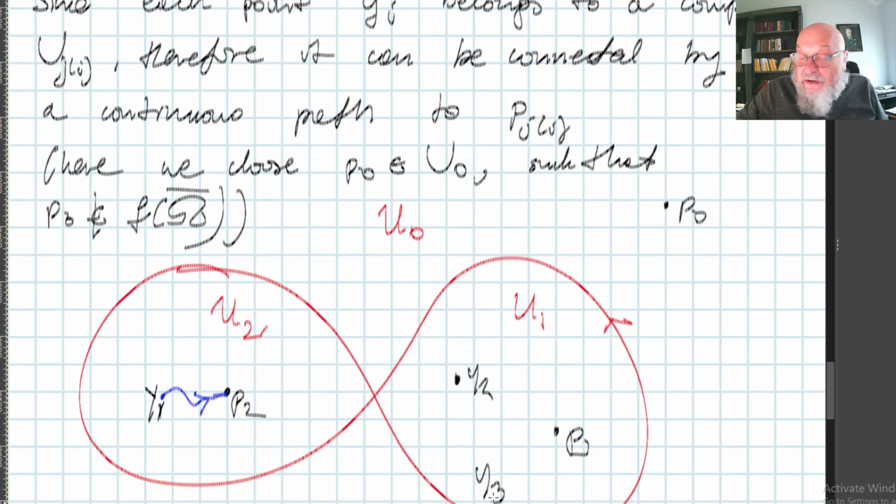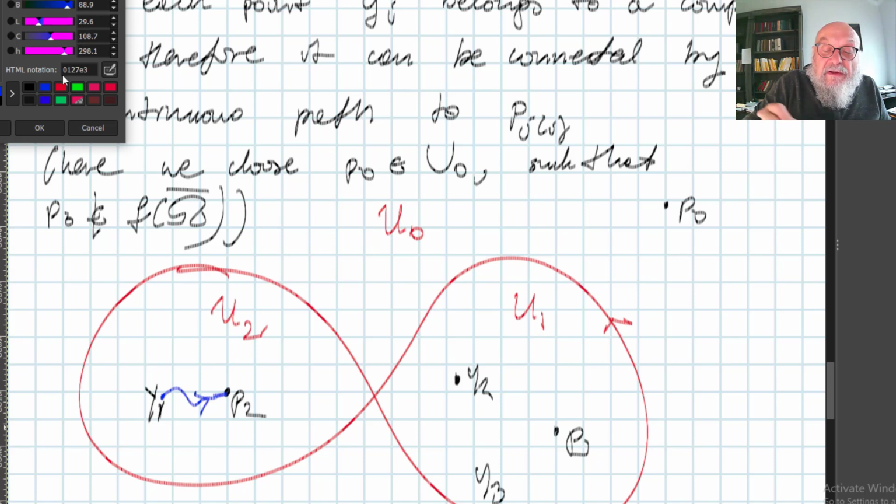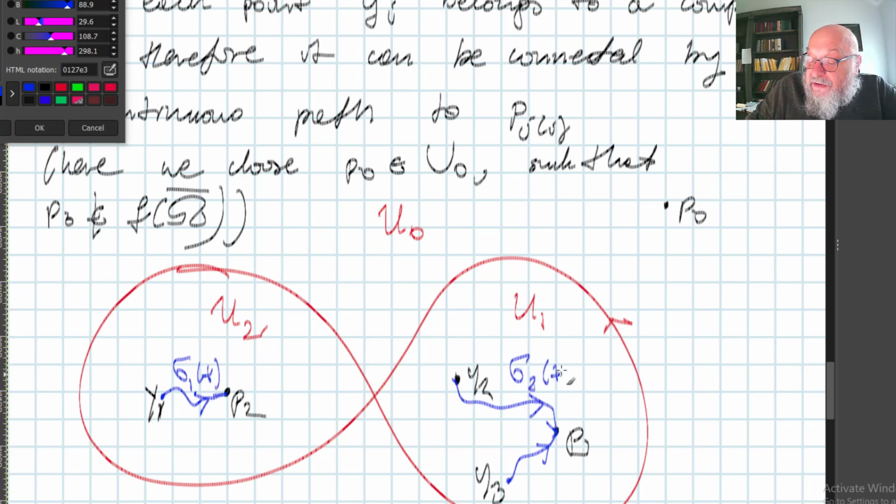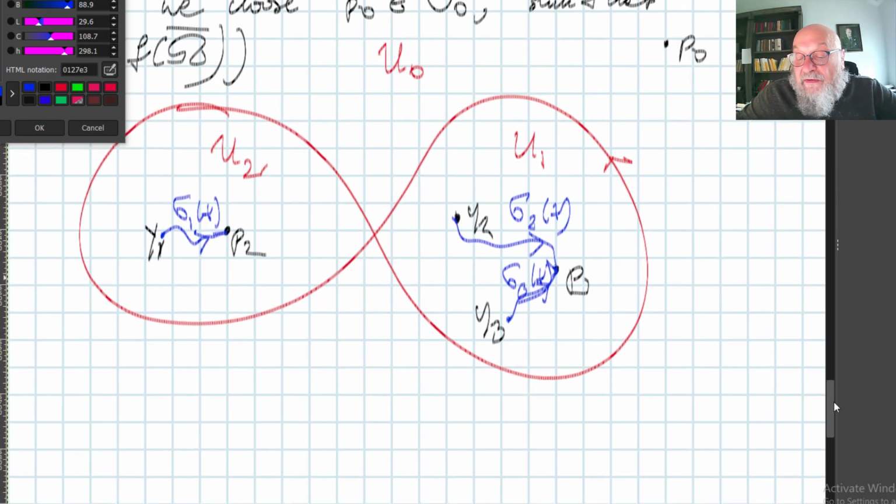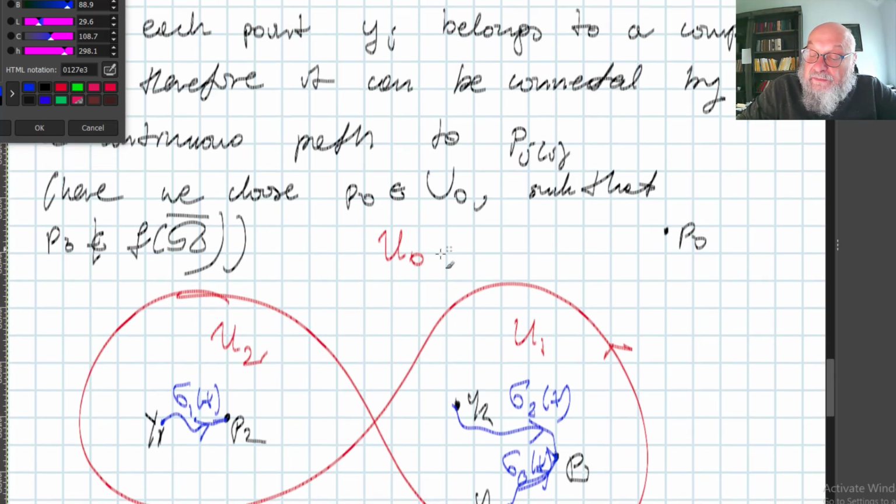So let me connect them. There exists a path connecting this. Let's call these sigma 1 of t, sigma 2 of t, and sigma 3 of t, and they all go to that point.